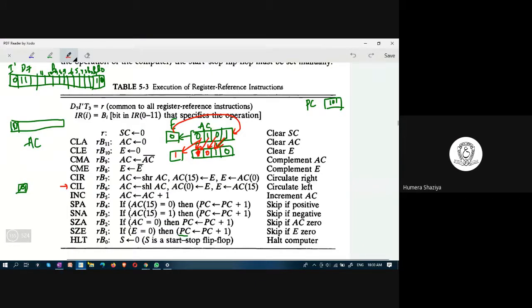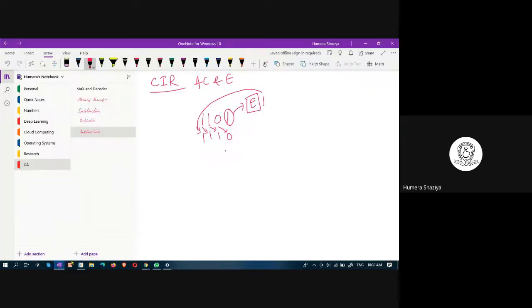The same thing is done here. AC is replaced by SHR AC, shift right of AC. Then the 15th bit would come from E, as we just saw. Consider this to be the 15th bit; its value would come from the E flip-flop.